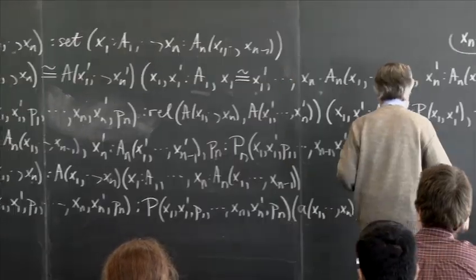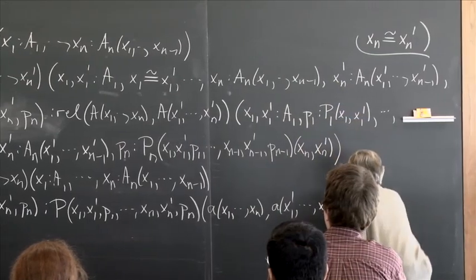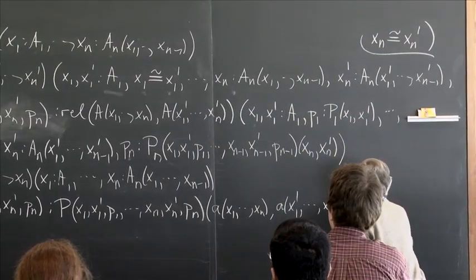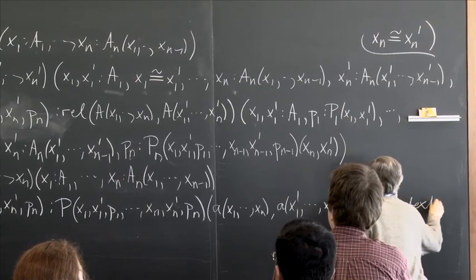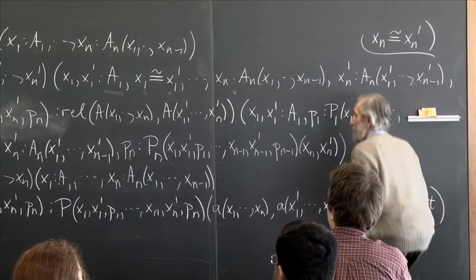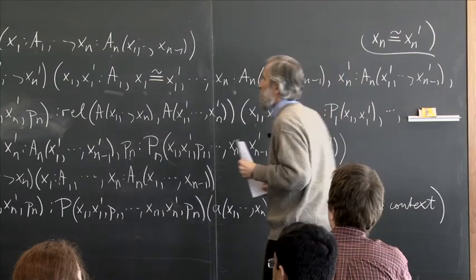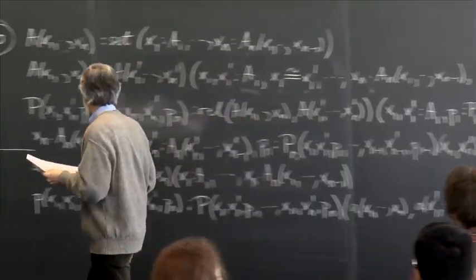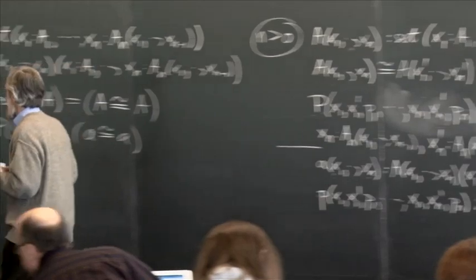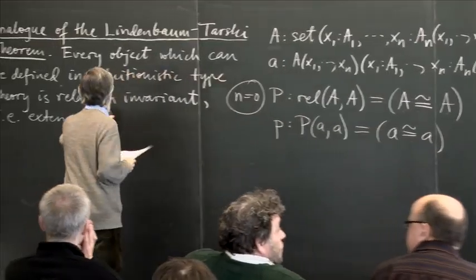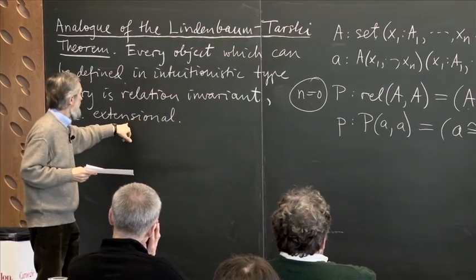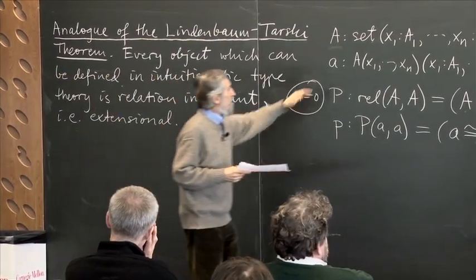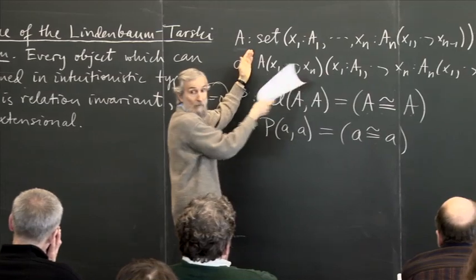So I can just write actually same context here. So I now define the notion of relation invariance, or if you prefer to call it extensionality, for the second form of category.